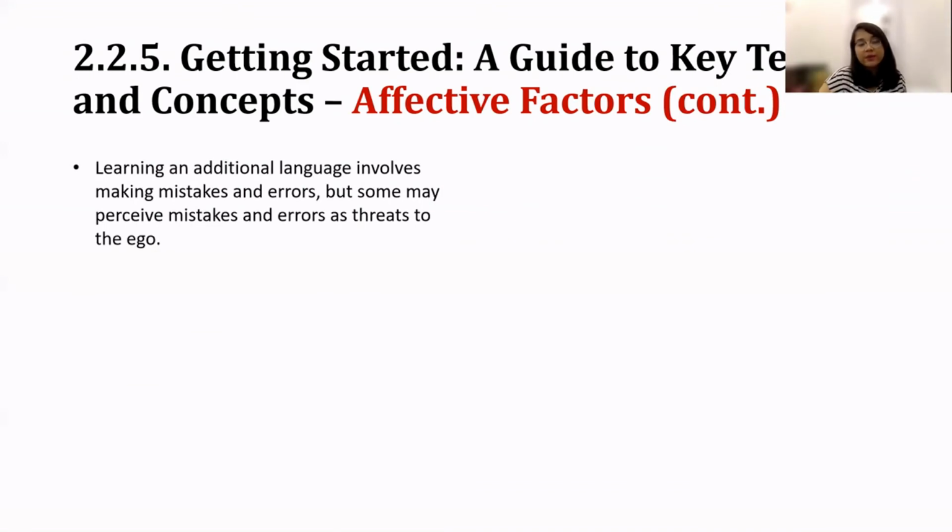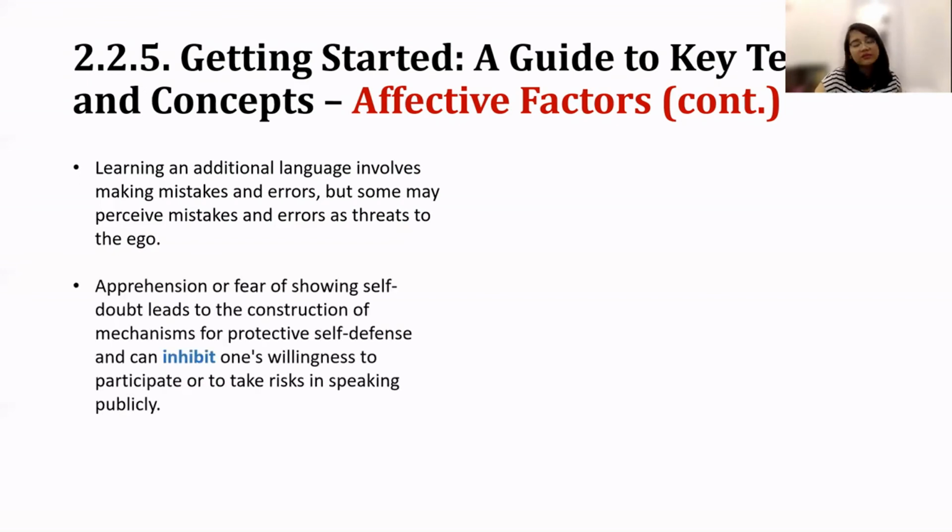Something to remember about learning an additional language is that it's always about making mistakes and errors. It is impossible for us to learn a new language, an additional language, without making errors and mistakes. But unfortunately, some people perceive mistakes and errors as threats to their ego.